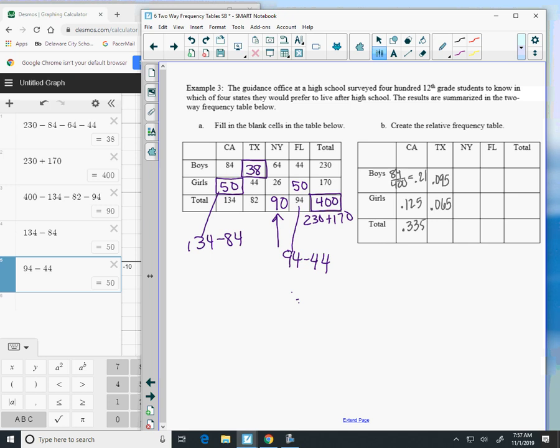Oops, I'm sorry. 0.11 and 0.205, 0.16. Our Florida column. And our total column.